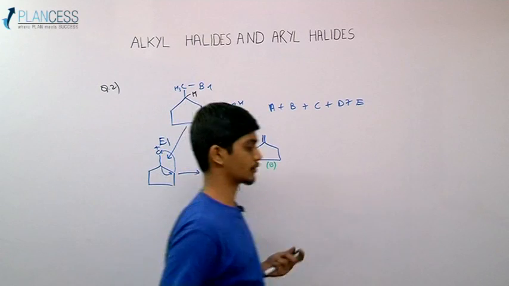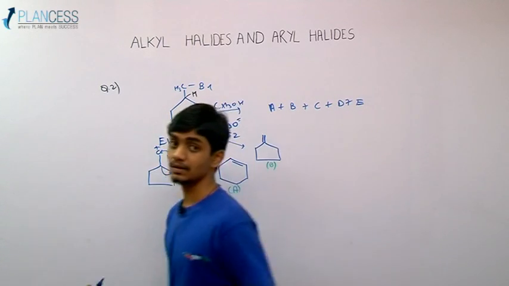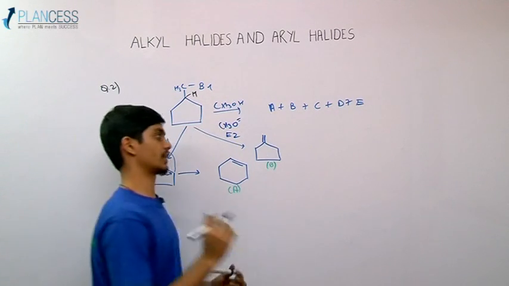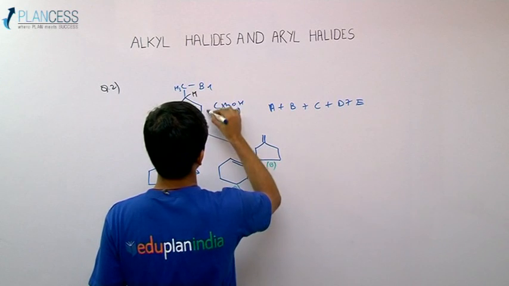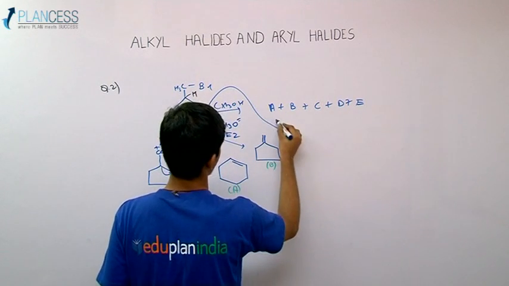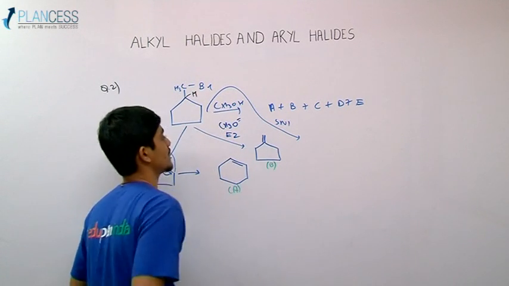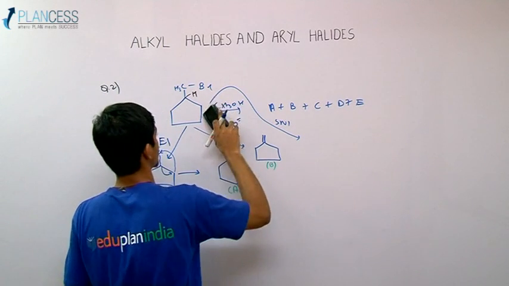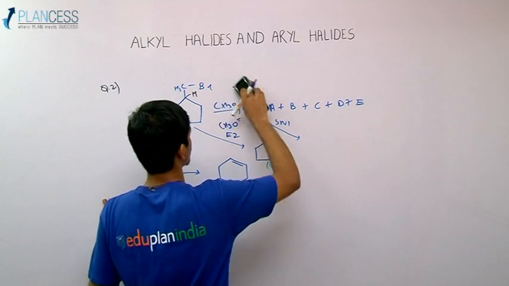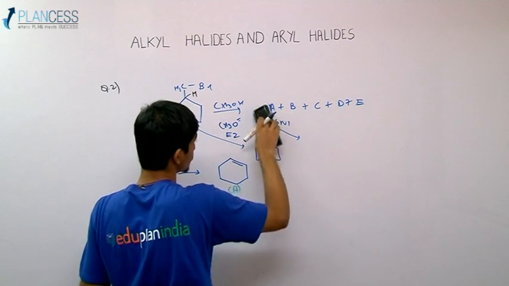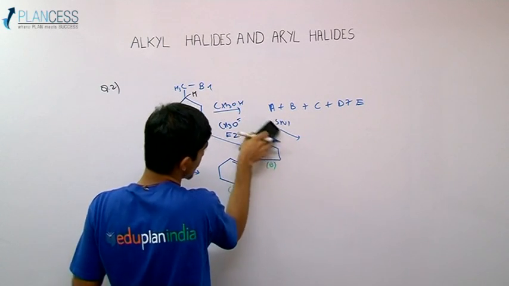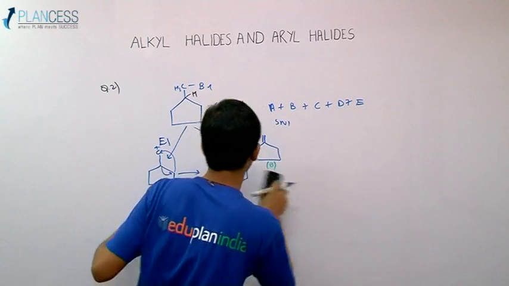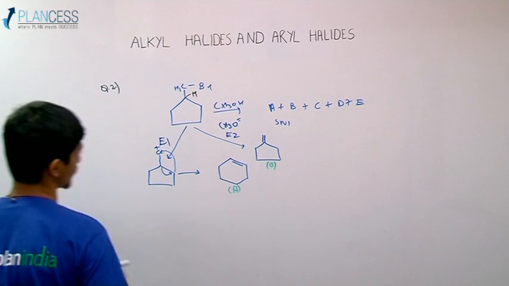Now what about nucleophilicity? We can have SN1 as well as SN2 reactions. So let us see SN1. SN1 reaction, let me write it with black. That is much better. SN1 reaction, what is the first step? The first step is the same as that of E1, that you get a carbocation.